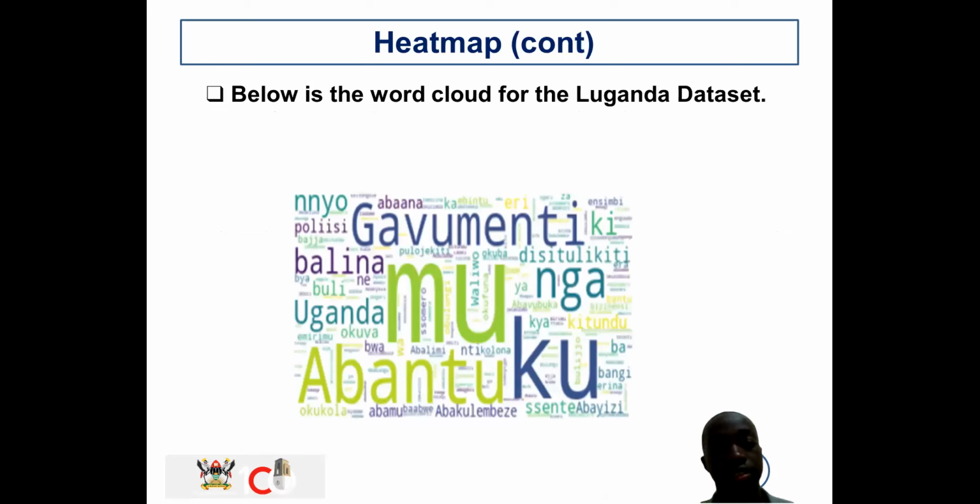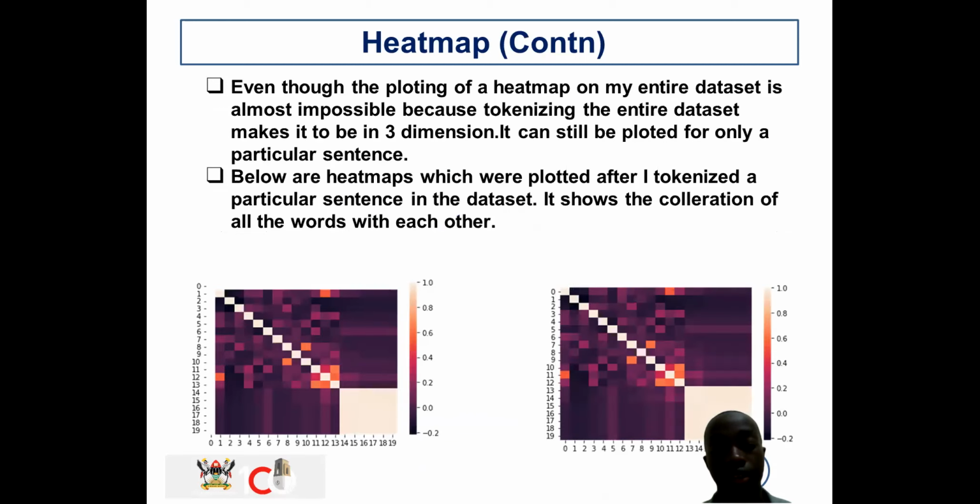Okay, so this is a continuation, and this is what I did for also the Uganda data set. And as you see, government, Abantu, Uganda. Even though plotting the entire data set was almost impossible, I was able to plot it using just a particular text of the data set.